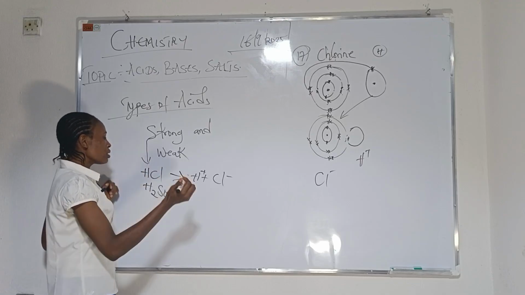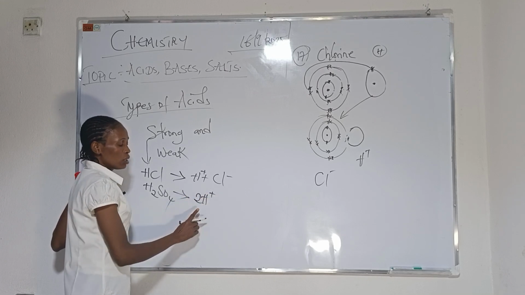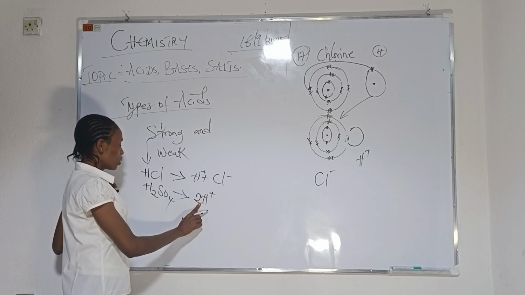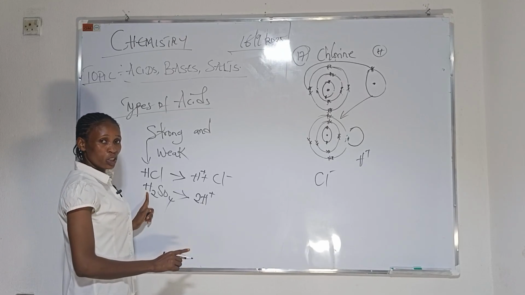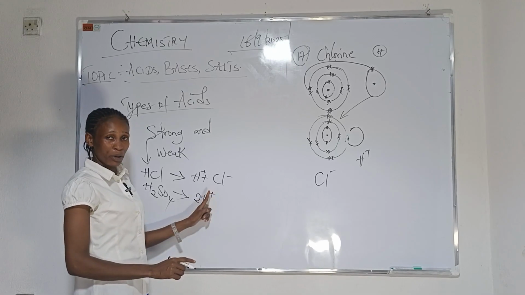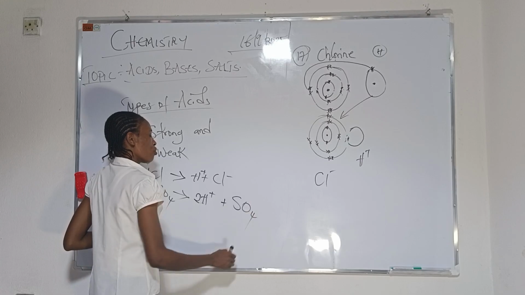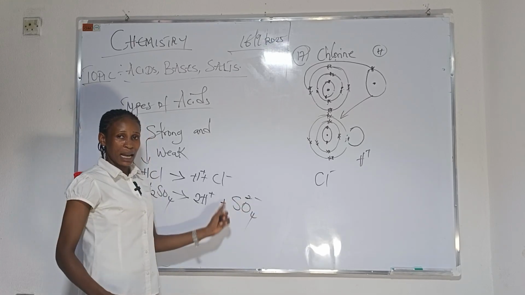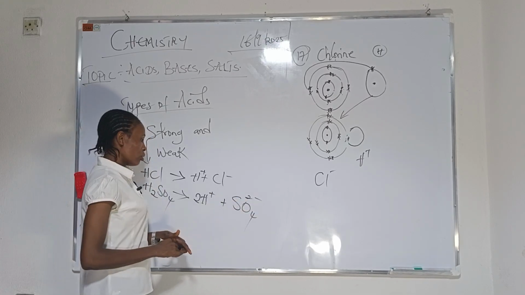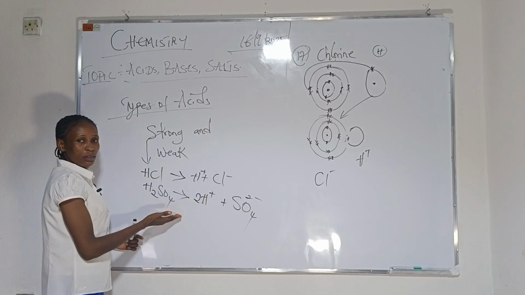For this now, I am having 2H plus. Why 2H plus? The hydrogen here is 2, right? Trying to balance the equation, that's why 2 comes in here and it's now an ion, showing you the charge, plus XO4 2 minus. It comes as a radical. If you look at this equation, all the hydrogen ions are in the same place.